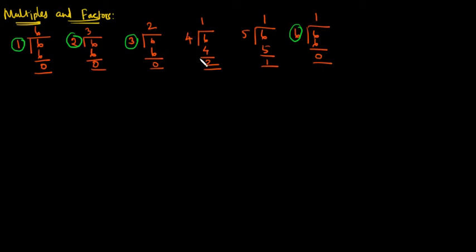But do we get the remainder 0 here? No. So it is not a divisor. So the divisors of 6 are 1, 2, 3 and 6. Okay, so these are the divisors.